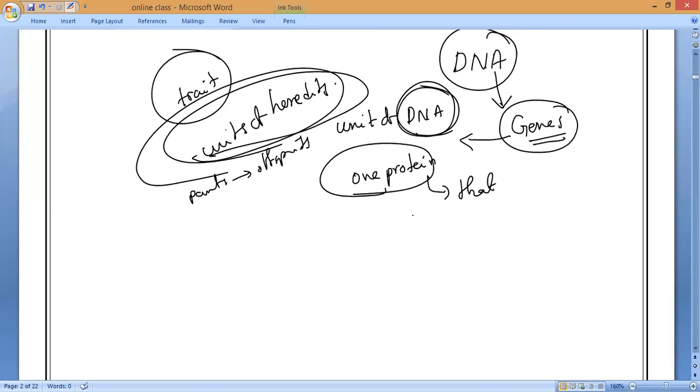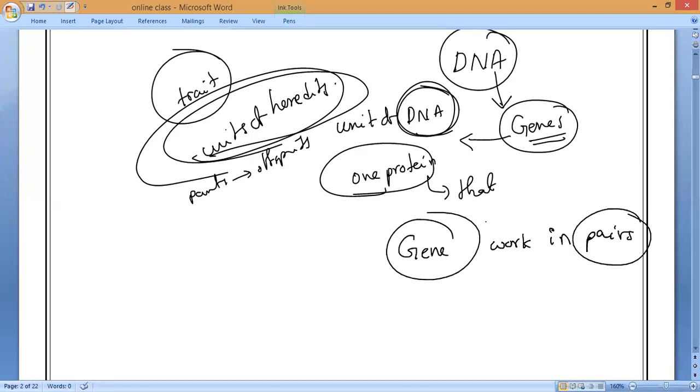Thousands of genes are present in every kind of organism. Now, genes always work in pairs only. An individual gene cannot work; they always work together in the form of pairs.